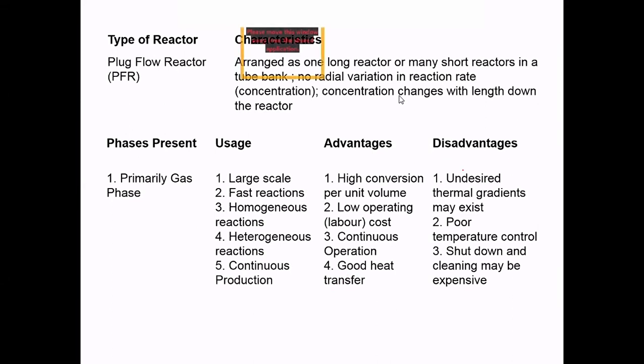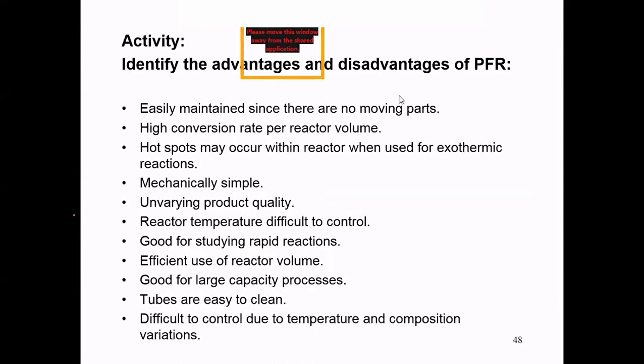And the bad side is that undesired thermal gradients may exist, poor temperature control because there is no agitation, and shutdown and cleaning may be expensive. This one you just have to identify and differentiate which one is the advantage and which one is the disadvantage.